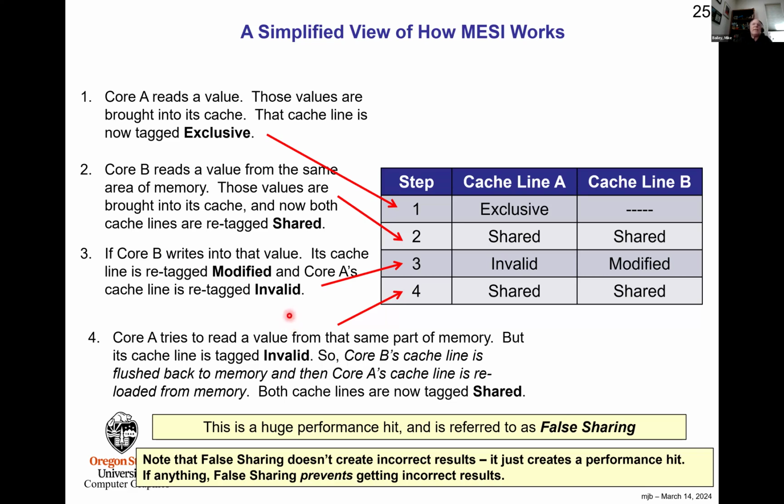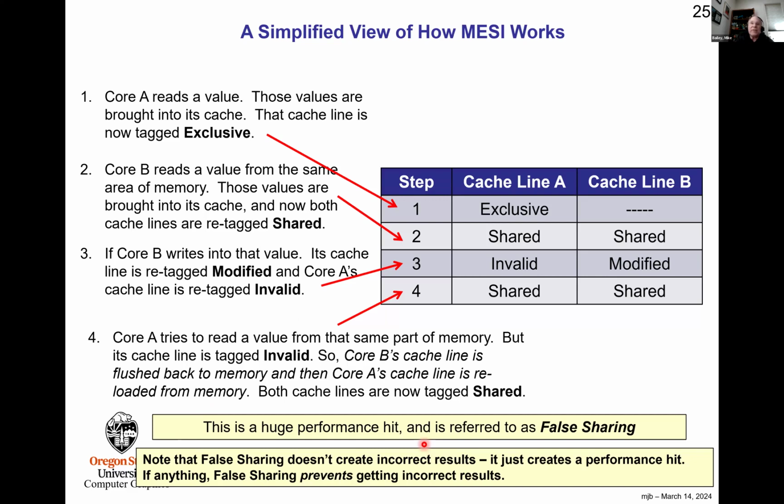And it's perfectly innocent. It's just when you're using two variables that are in the same cache line, the moment one core writes that variable, that causes the hardware to invalidate the other core's version of the cache line. And then it has to update it so that it can be used. So note that false sharing is not creating incorrect results.